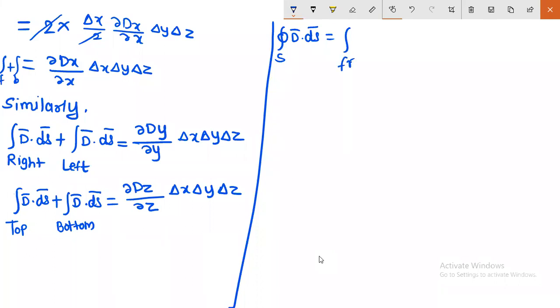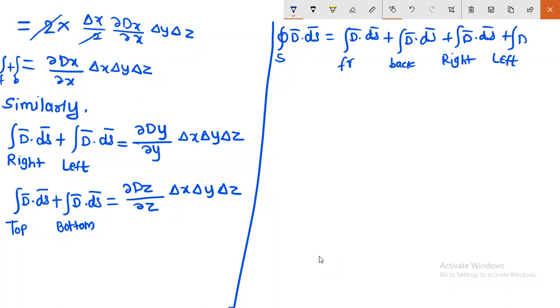I'll write only in small: integration for front of D dot dS plus integration for back of D dot dS plus integration for right and left and top and bottom. Okay, so add all these 6 integrals.